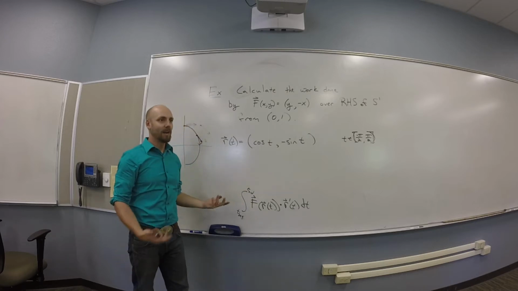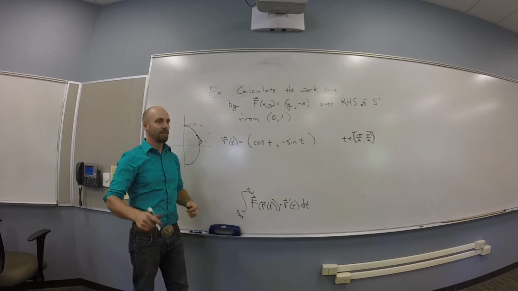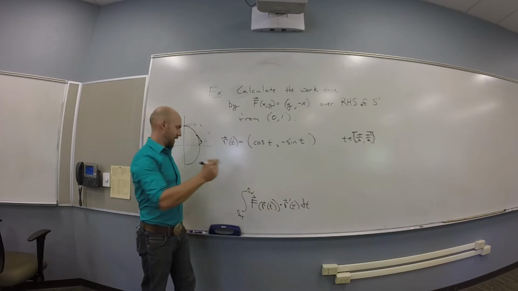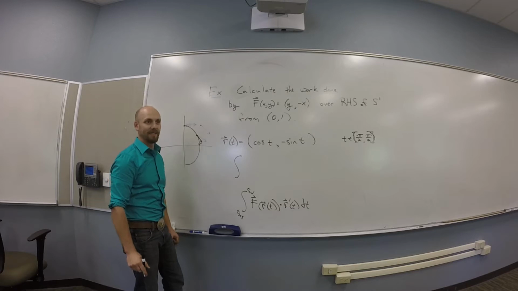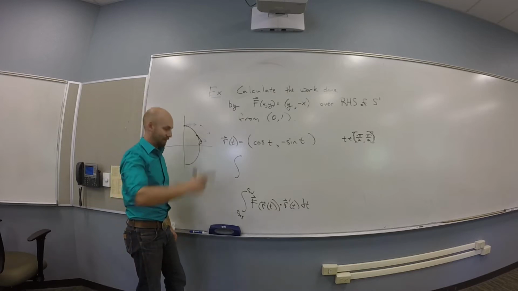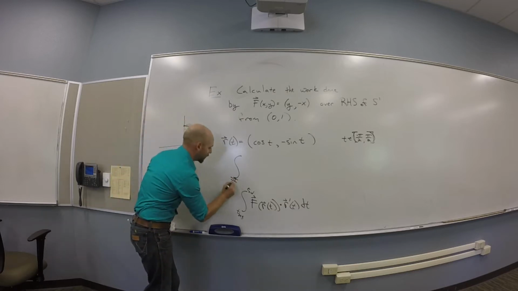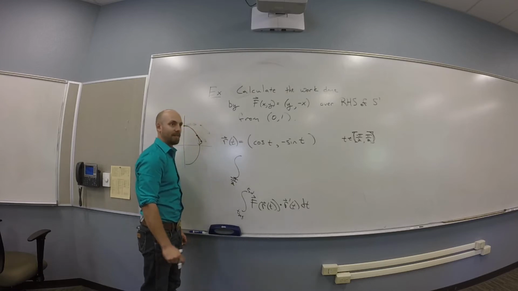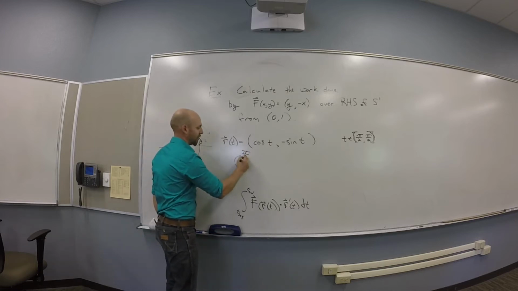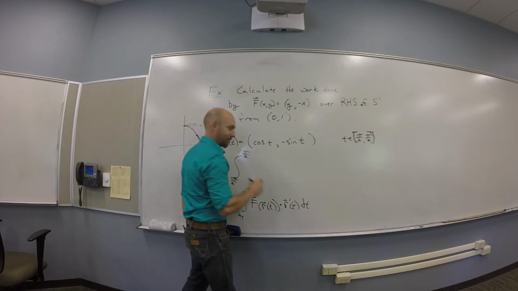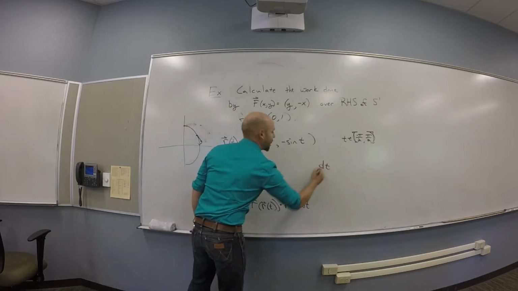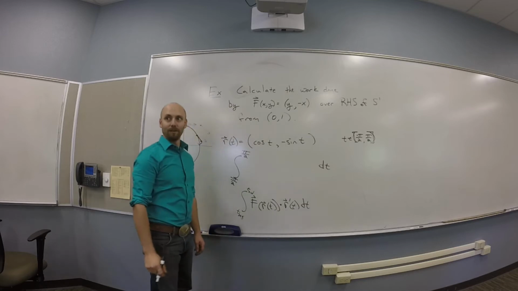Okay, now how do I set this business up? I need to get out my integral, right? So where's your t beginning? Negative pi over 2. Where's your t end? Pi over 2. Okay. I'm going to put a dt over here. Wait, no, hang on.